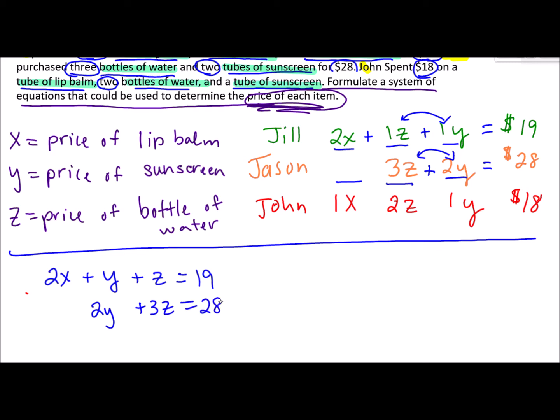Okay, that's Jason. Next one is John. I've got 1x, 2z, 1y, and altogether it was $18. And you add those numbers together, so that you have x plus y. We gotta swap these guys. Tried to throw the z in there. X plus y plus 2z equals 18.